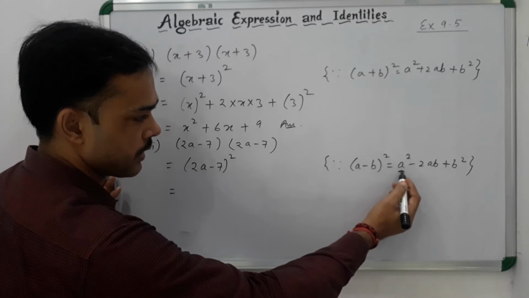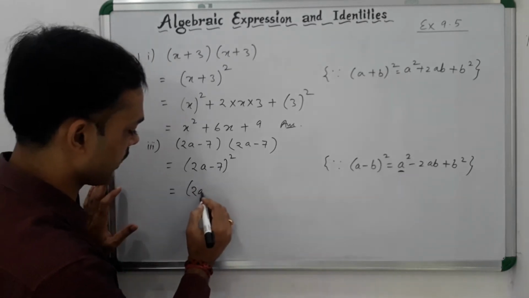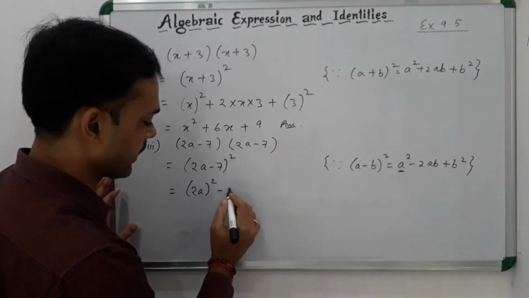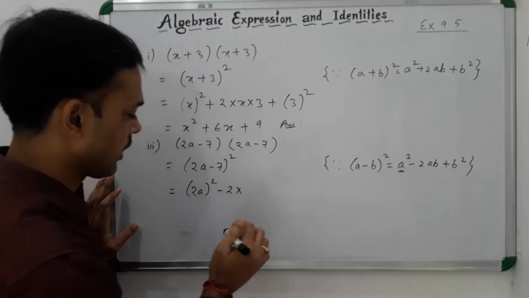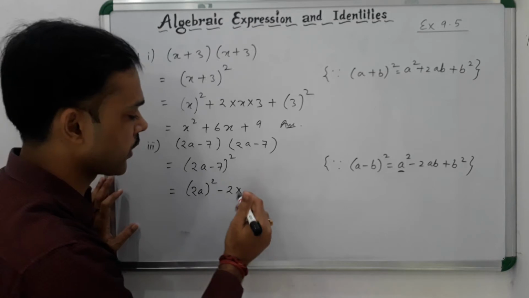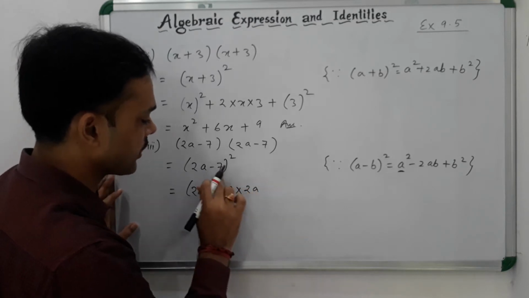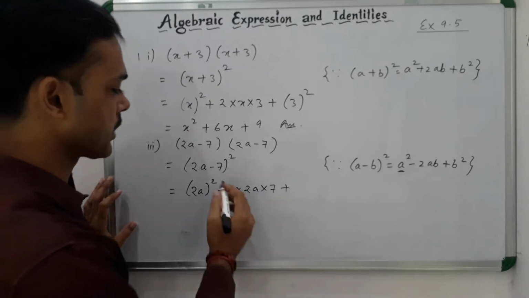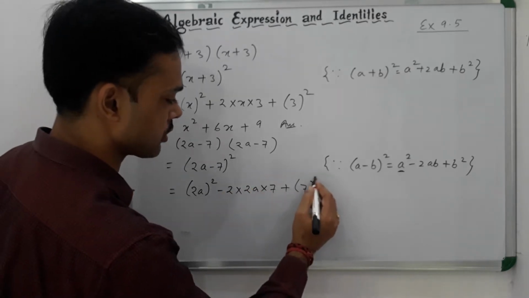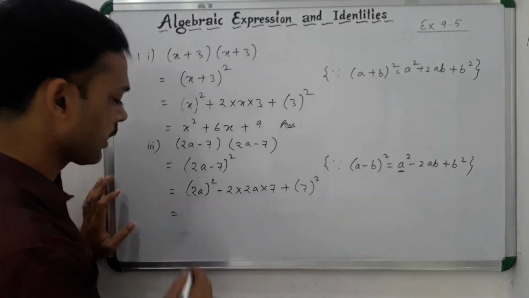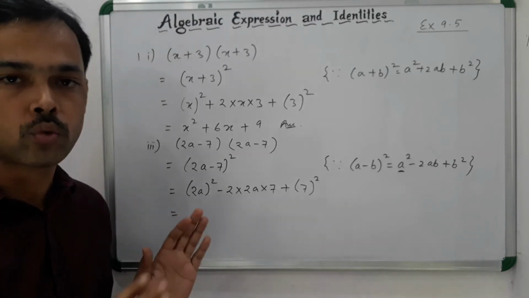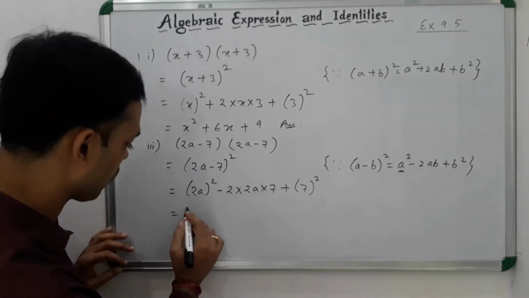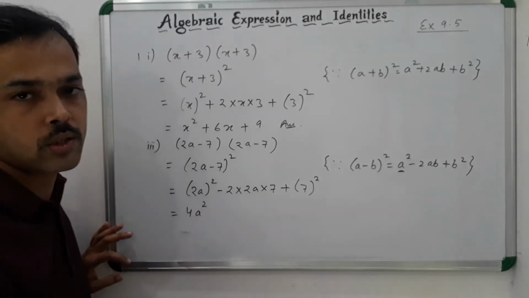So here it is a square, so we will write 2a whole square. It is minus 2ab, means minus 2 into 2a, at place of b it is 7, so 7, plus b square means 7 whole square. 2a whole square will be 2a into 2a, and 2 into 2 will be 4, a into a will be a square.